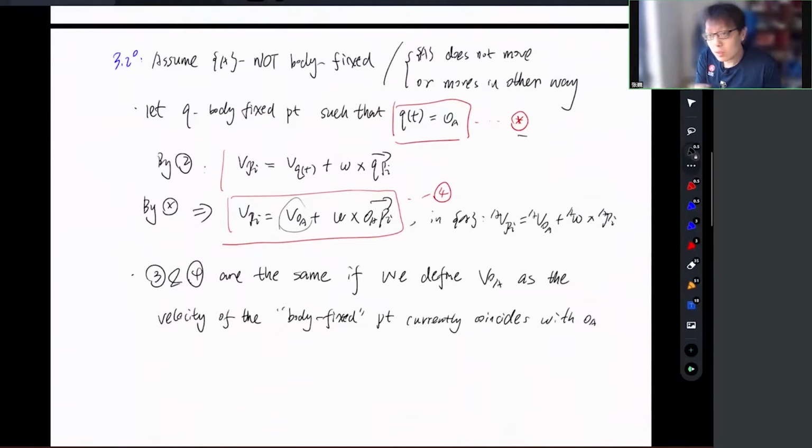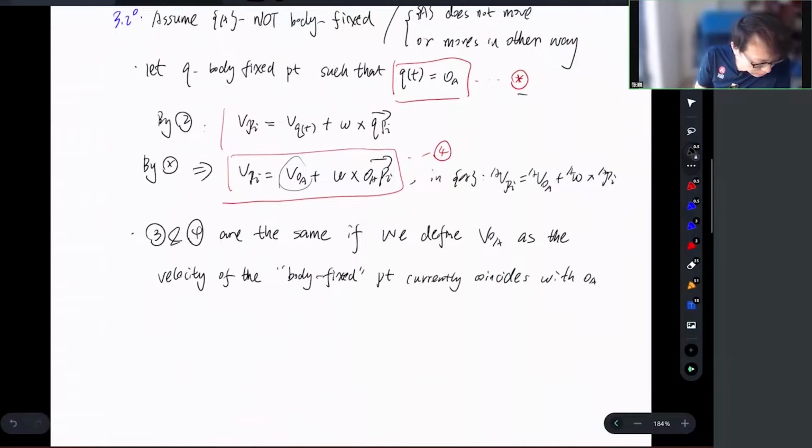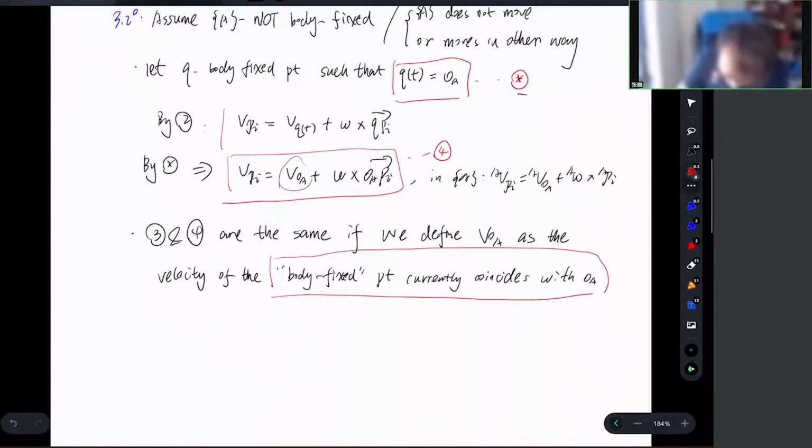Maybe next time it does not, it moves away, and another point will coincide with OA. That's exactly the explanation of coincidence, the explanation of this sentence. This one just means equation star.